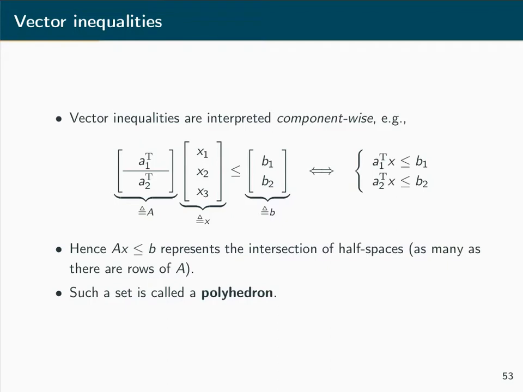The way this should be interpreted is that all of these linear inequalities need to hold at the same time. So the vector inequalities given by Ax less than or equal to b represent the intersection of a finite number of half spaces, and in particular as many as there are rows of the matrix A. And such a set where we intersect finitely many half spaces is also called a polyhedron.